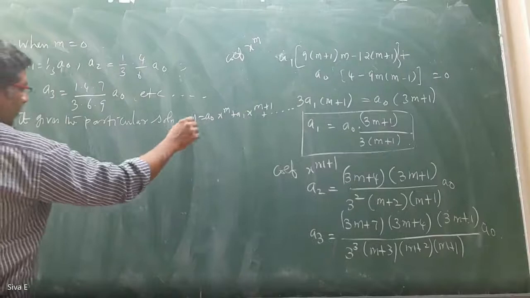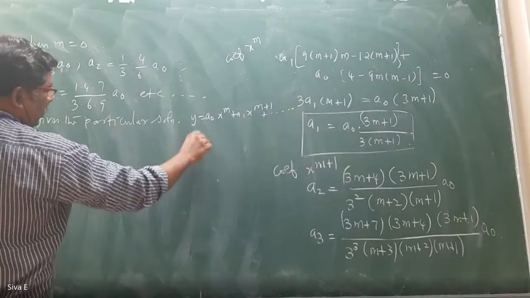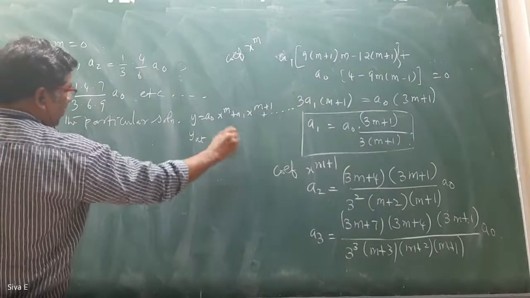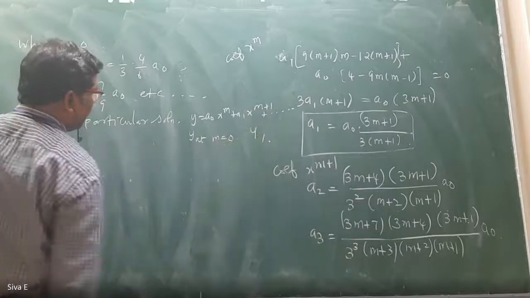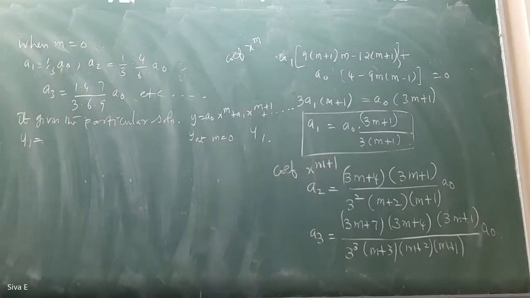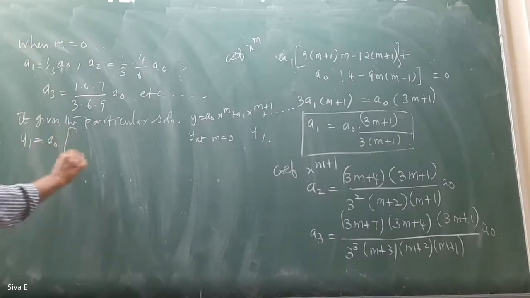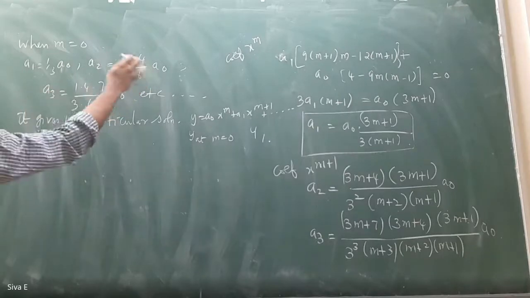I am writing that y at m equal to 0 can be written as y1. So y1 meaning is y at m equal to 0. So what you get? Take a naught outside, everything in terms of a naught.